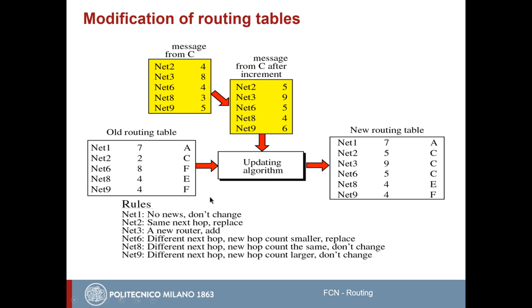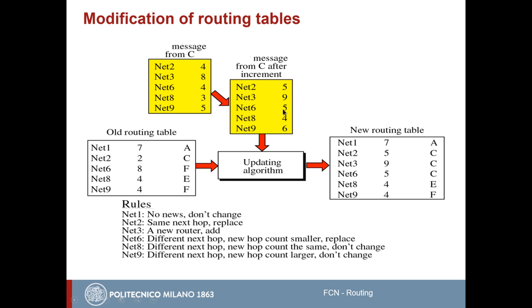Then we have net 6, which was at cost 8. In all the last three cases, 6, 8, and 9, this distance vector arrives from a node which is not mentioned as a next hop, so we have to do the comparisons. In the case of net 6, we had 8, and now with the distance vector, summing the link, we have 5.